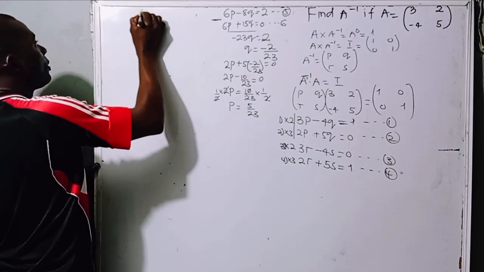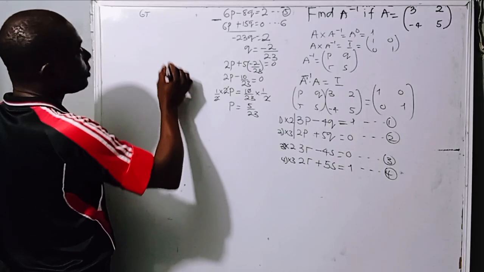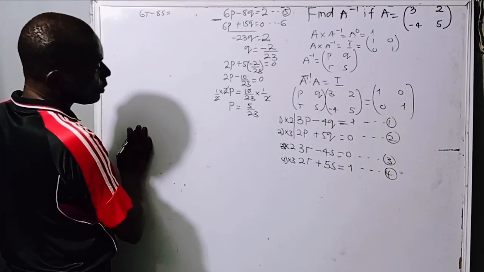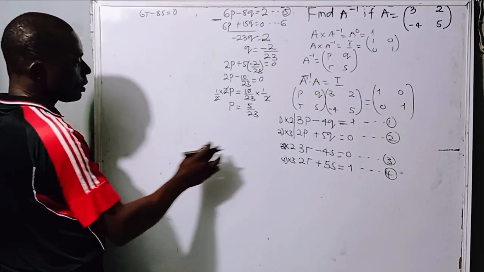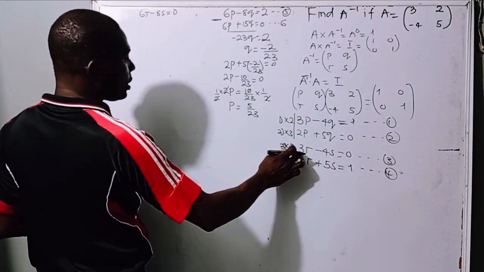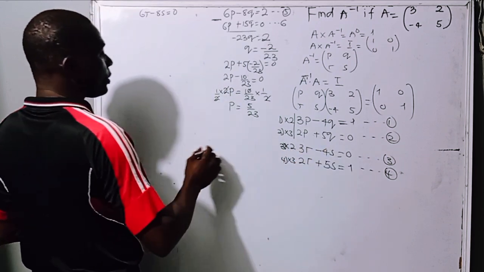Equation 7 is 6r minus 8x equals 0, because when we multiply the whole of this by 2, 0 times 2 is 0.